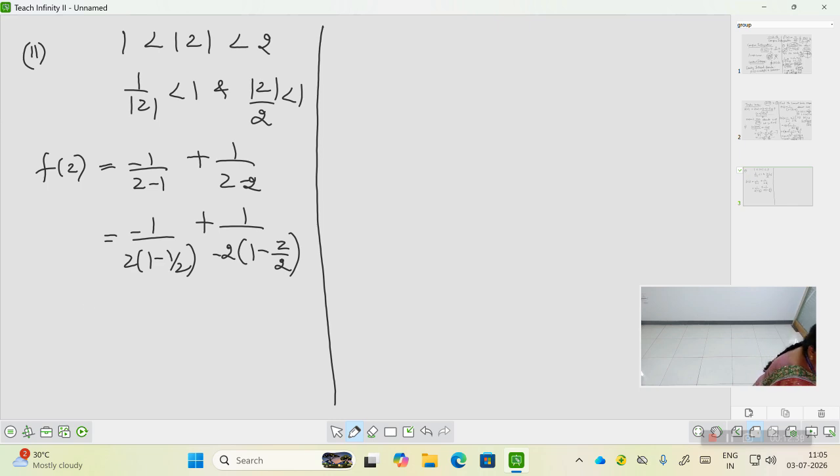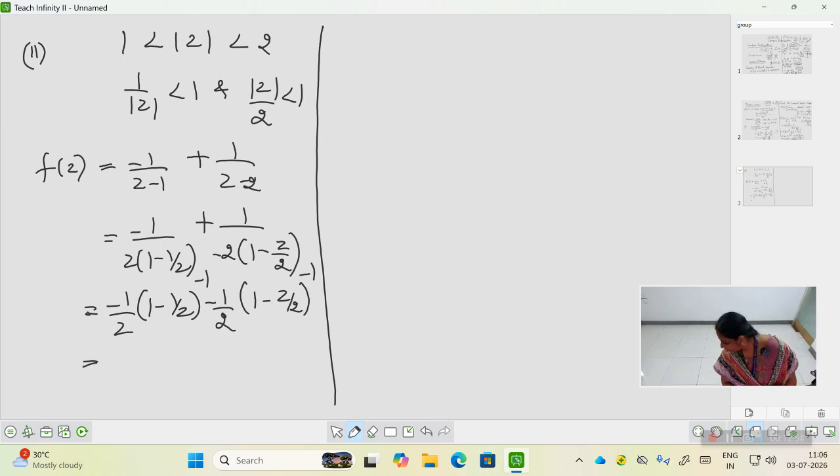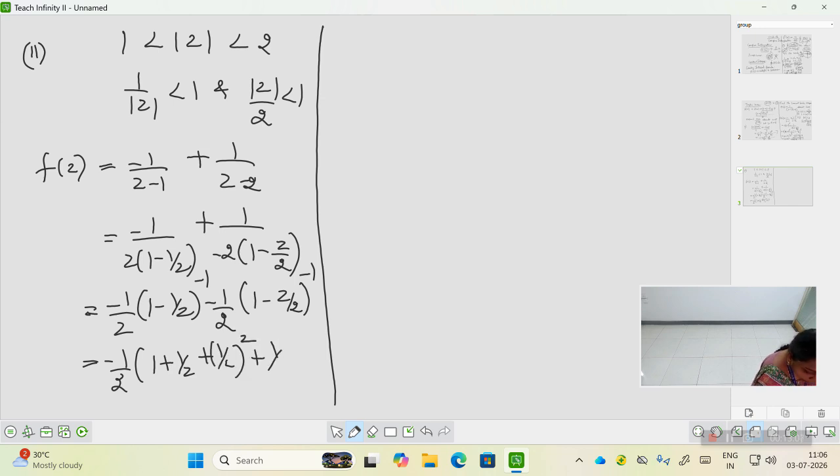Which is equal to minus 1 by z, 1 minus 1 by z the whole inverse, minus half, 1 minus z by 2 the whole inverse.